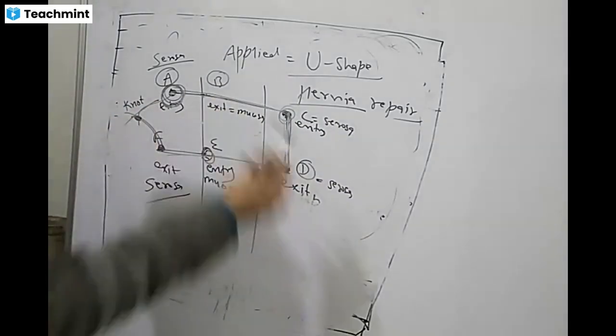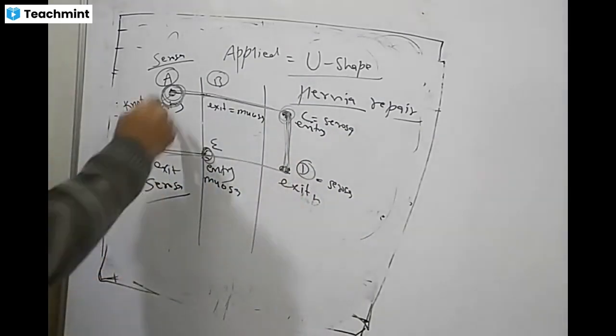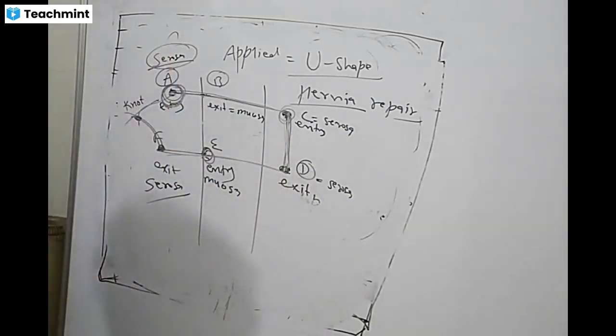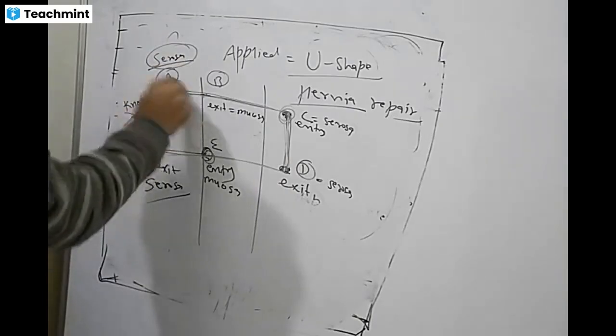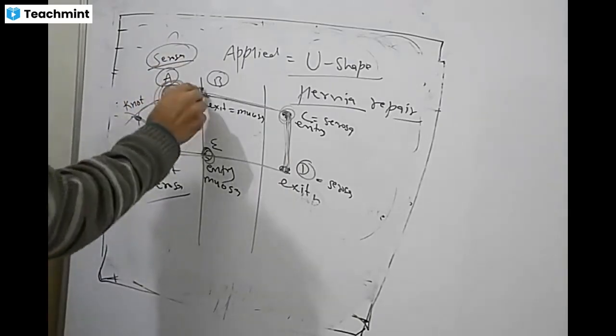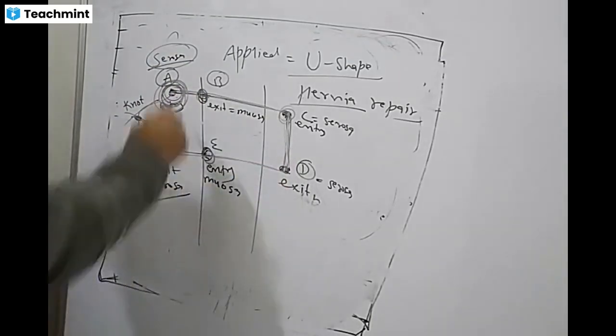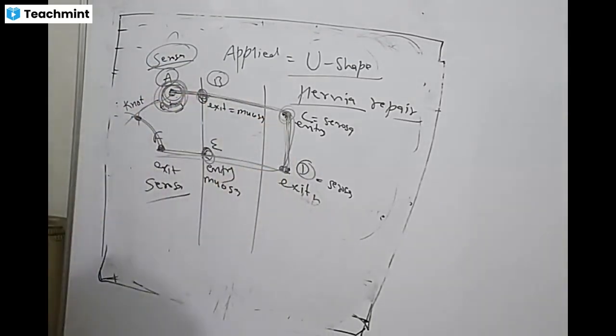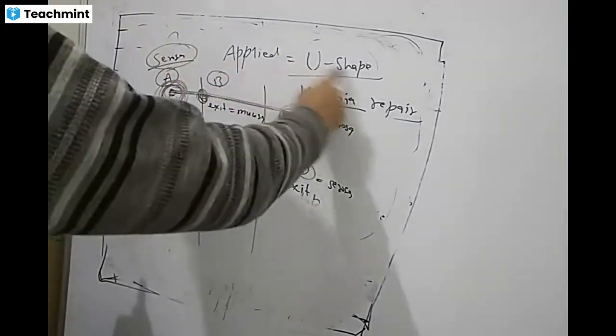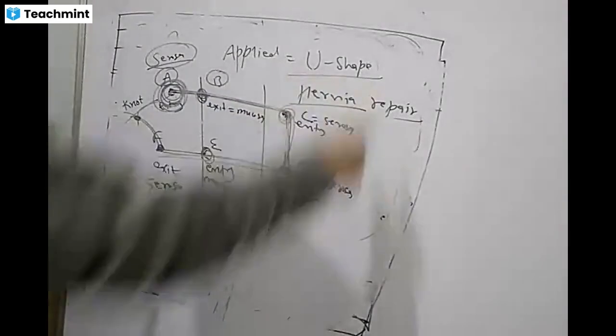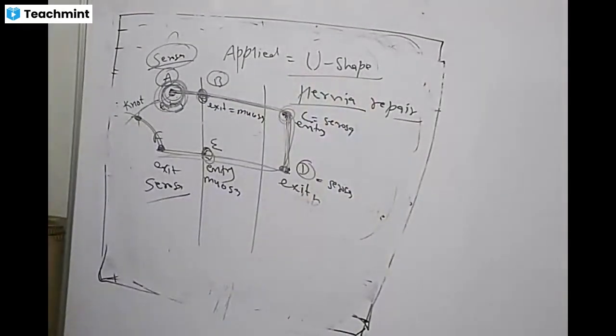If we are talking about intestine, because serosa is present in intestine, if this is the entry point, then exit from the mucosa like this. So it is applied in U shape to repair the hernia. So overlapping suture, U-shaped suture, is used to close the hernia.